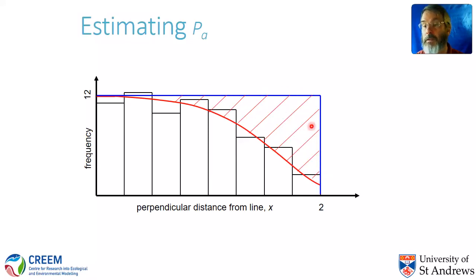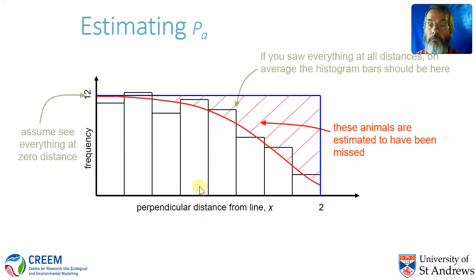And so if this area represents animals missed, then this area represents animals detected. We also assume, when we perform distance sampling, that animals that are directly on the transect line, in other words, at perpendicular distance 0 from the transect, are seen with certainty. You see them for sure.